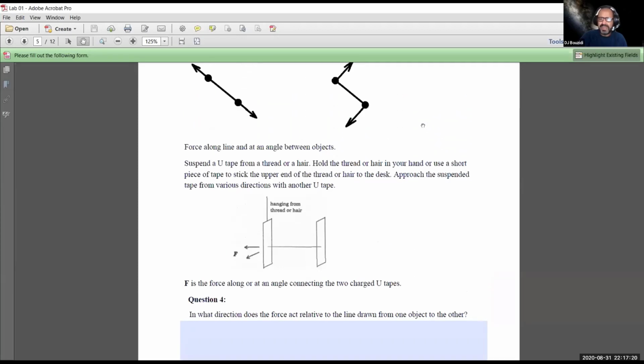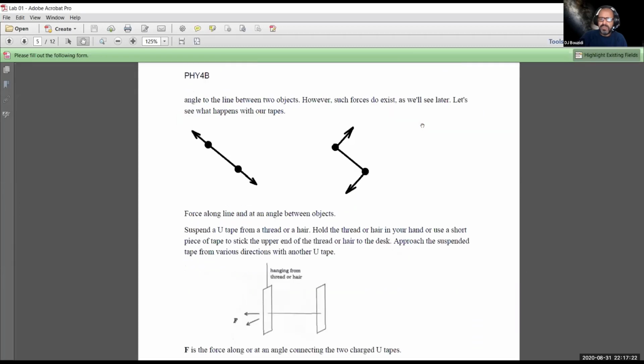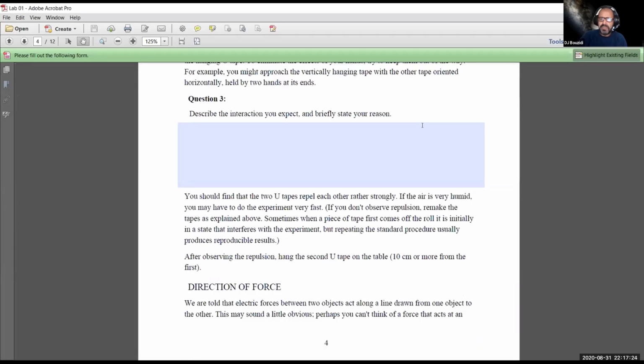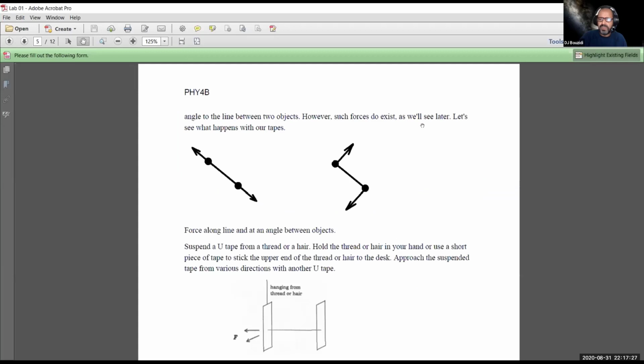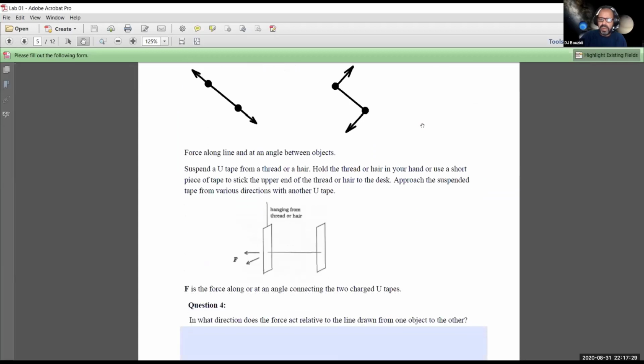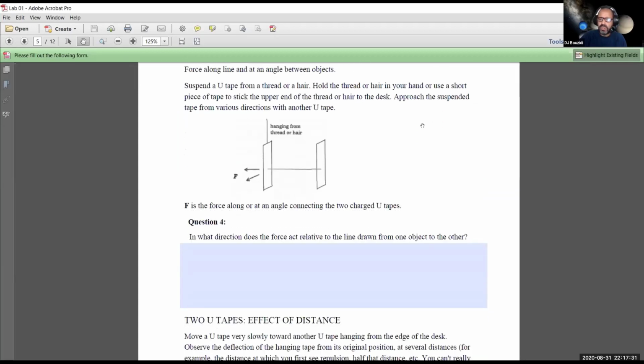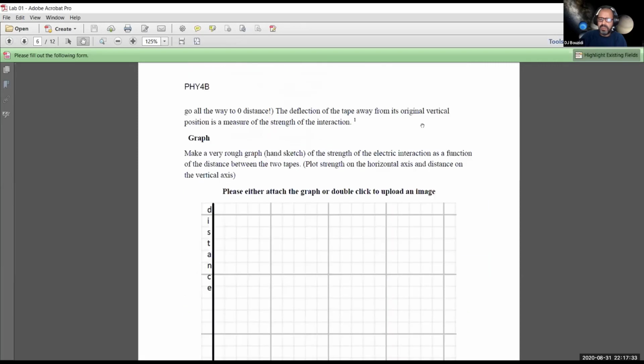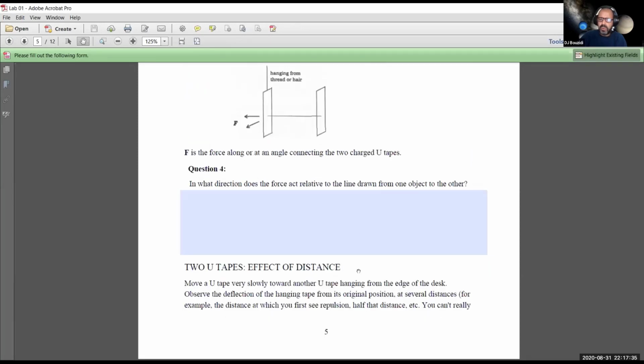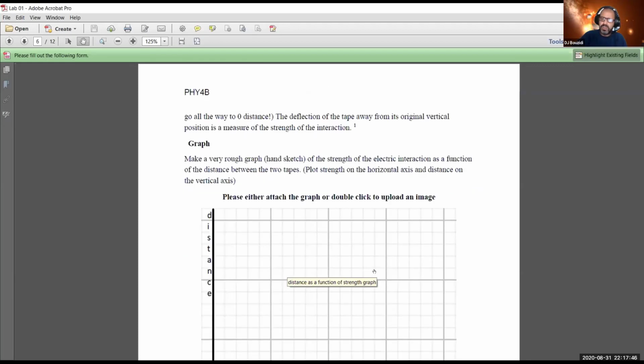So we have answered basically two key questions. First of all, the type of interaction, attractive, repulsive or something else. And the other thing we are answering here is the direction of the force, which direction it is. We should be able to check that. Now we're going to explore the effect of the distance, if they are closer to one another or away from one another. Is the interaction going to increase if I bring them closer, or is the interaction going to decrease?